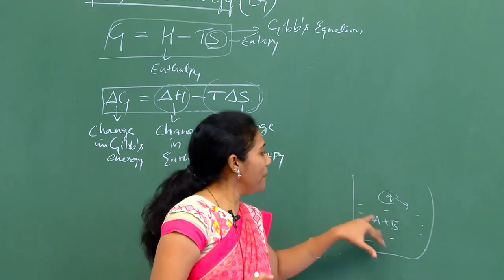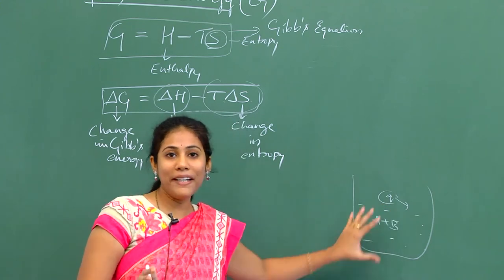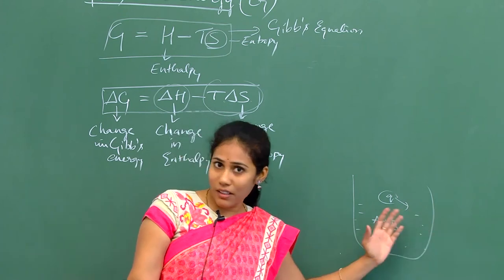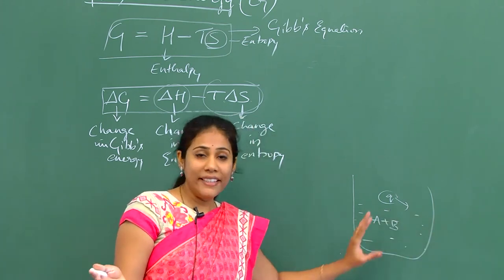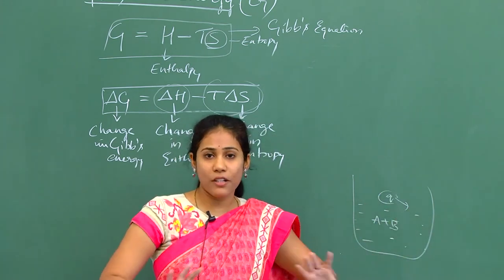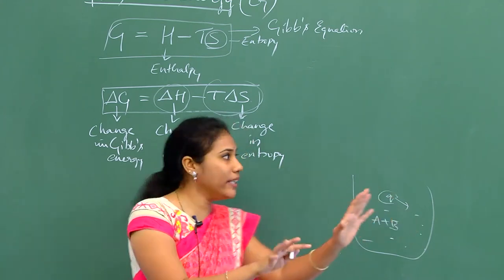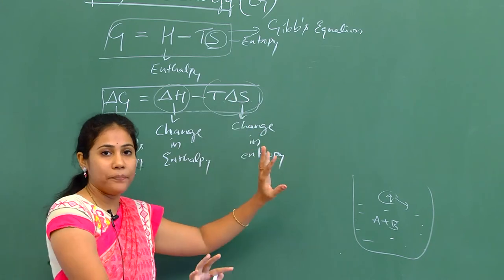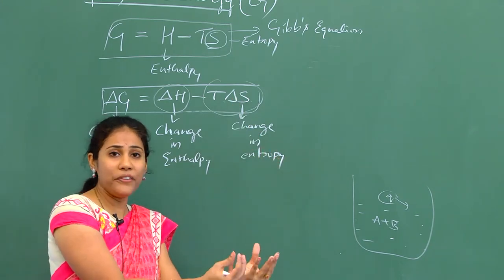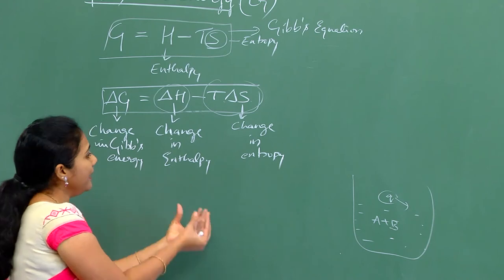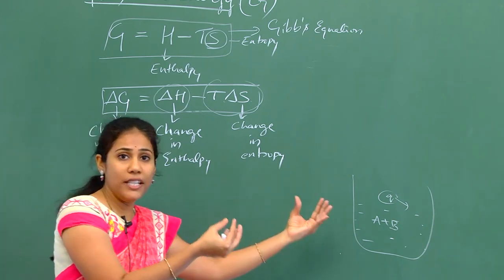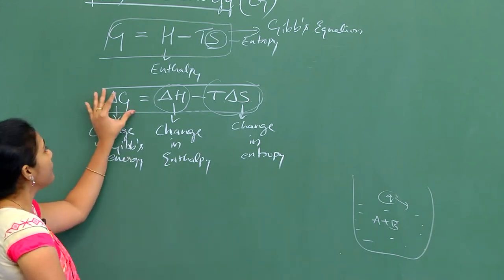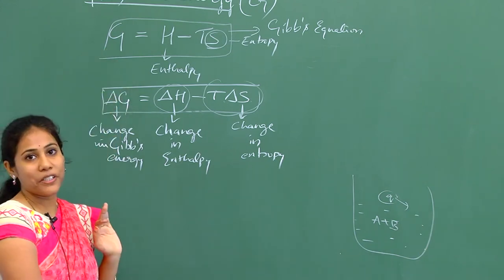So already some amount of heat would be there in a system, but the total amount is not available for a reaction to occur. In that, some amount will go to waste. What is that amount of heat that is going to waste? This much actually: T delta S of heat is getting wasted. And the remaining amount of free energy available in a system is called Gibbs free energy.